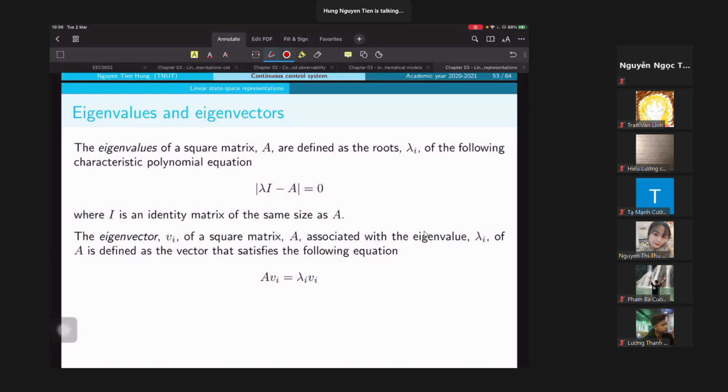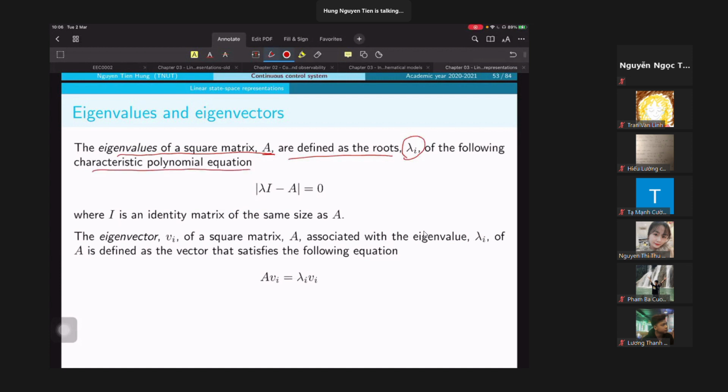First, the definition of eigenvalues: the eigenvalues of a square matrix A, which means the matrix A should be square, as it always is in control systems, are defined as the roots, named lambda i, of the following characteristic polynomial equation.